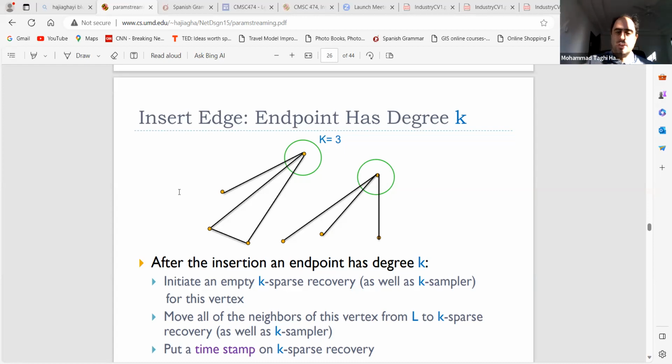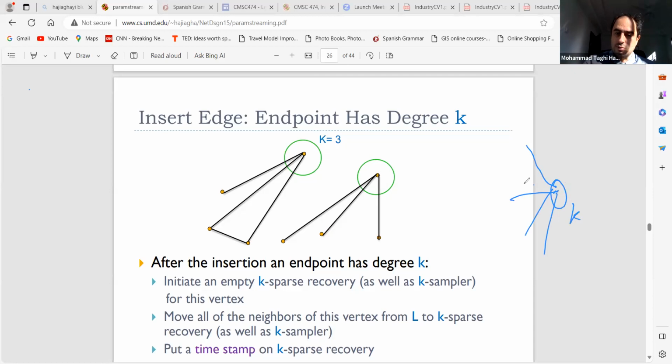So you are inserting this edge, and now the degree of this vertex becomes k.